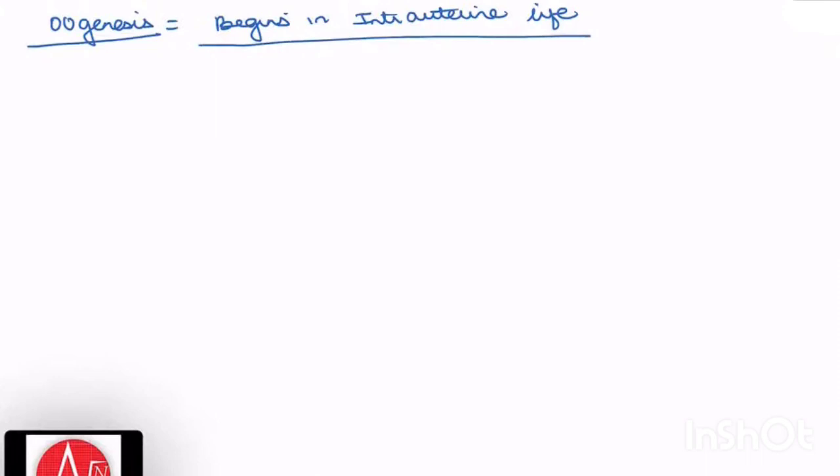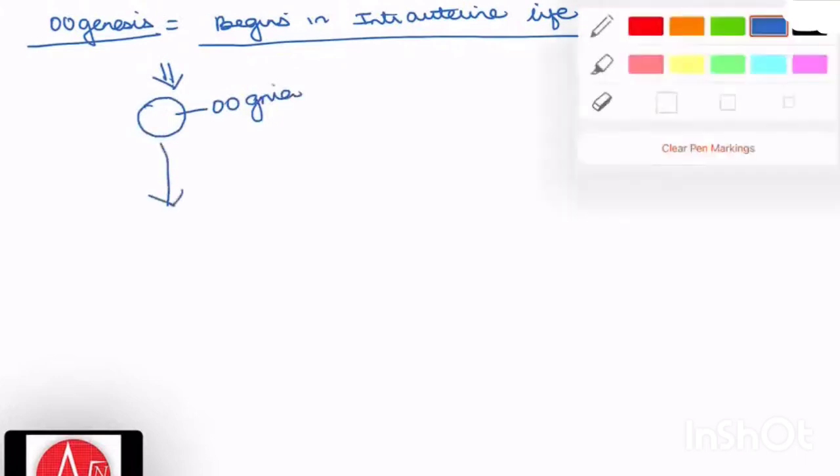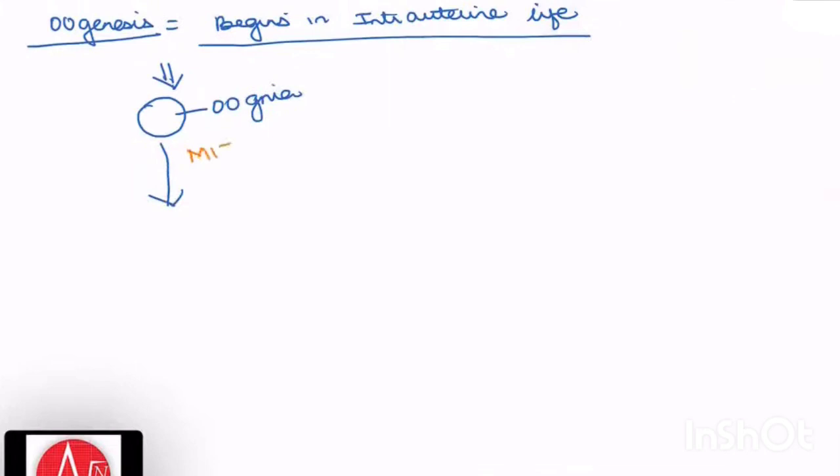Now, what happens is this oogonia is going to undergo mitosis. I hope all of you know that there are two types of cell divisions, mitosis and meiosis.